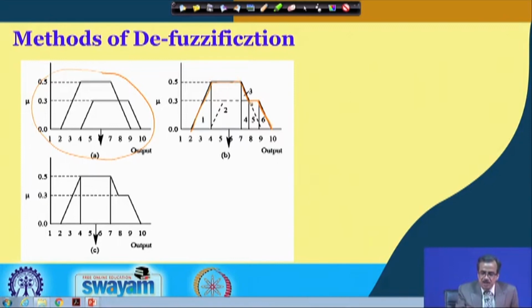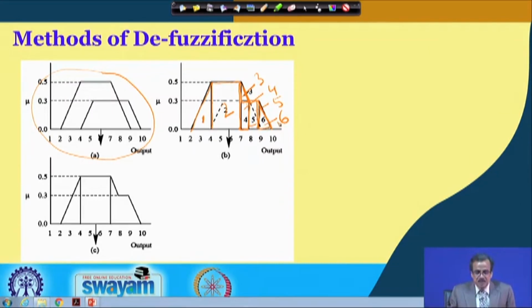So, this whole area is divided into a number of subregions. This is the first subregion, this is the second subregion, this triangle is the third subregion, this rectangle is the fourth subregion, this rectangle is the fifth subregion, and we have a triangle that is the sixth subregion.